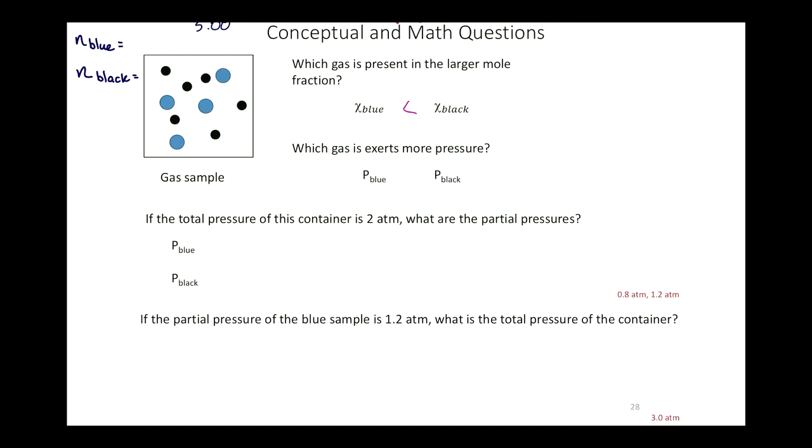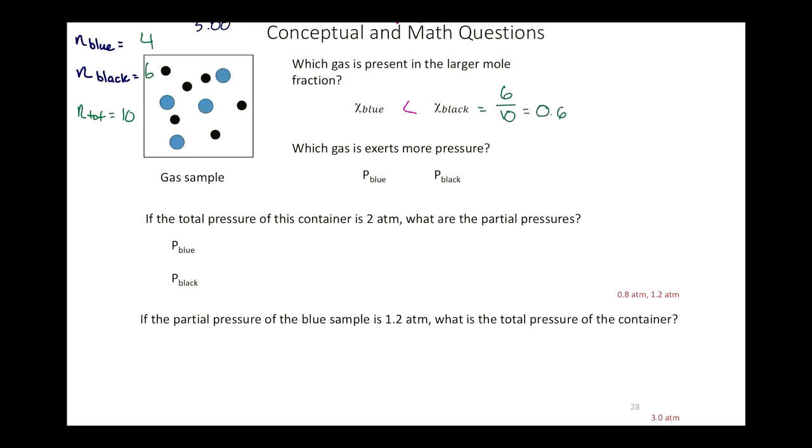Why don't we just go ahead and calculate the mole fraction of each of them? How many blue gas particles are there? 4, and then how many black? 6. Okay, so that means the total number of particles I have is 10. Based upon these numbers, what is the mole fraction of the black particles? 6 over 10, so 0.6.